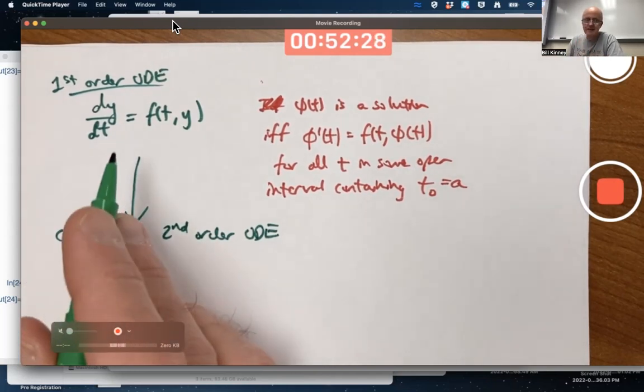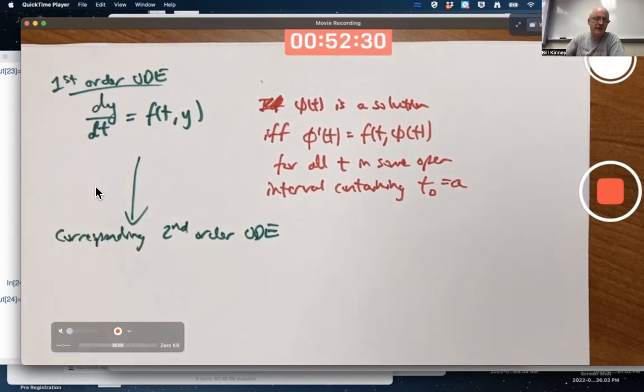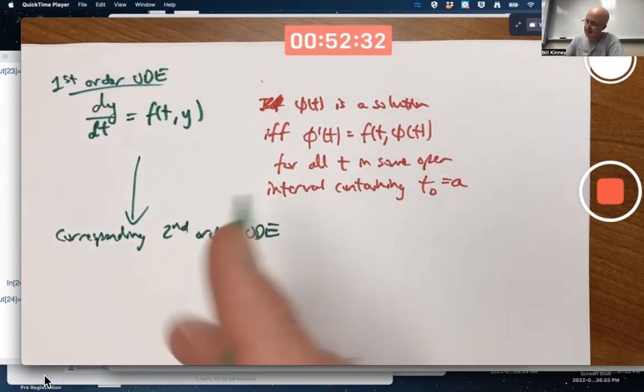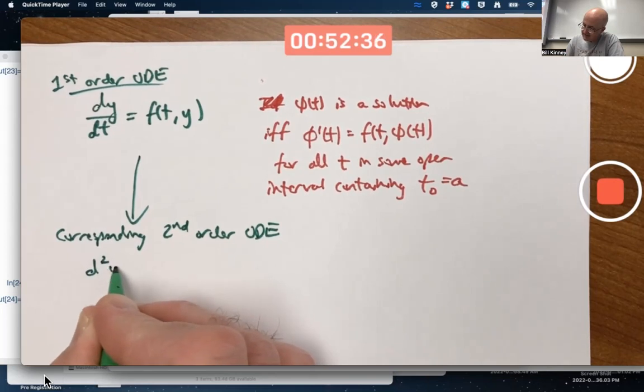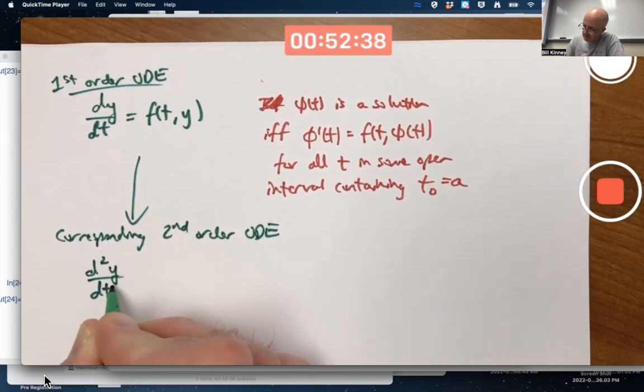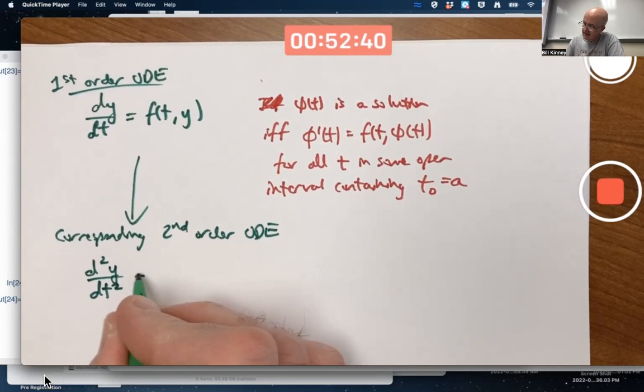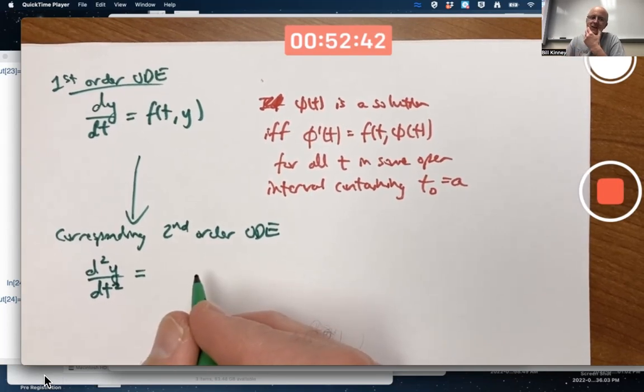In Leibniz notation, you'd write the second derivative of y with respect to t equals, well, what should we do to differentiate the right-hand side? You have to assume y is a function of t.